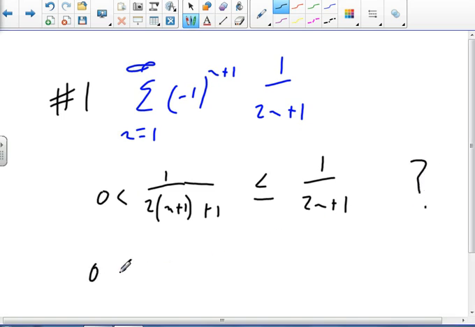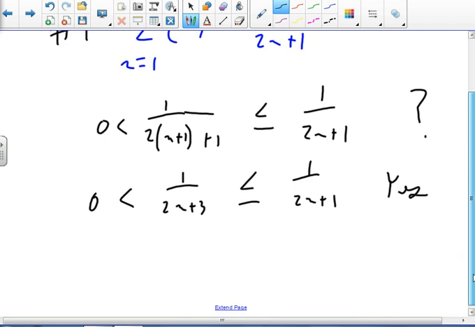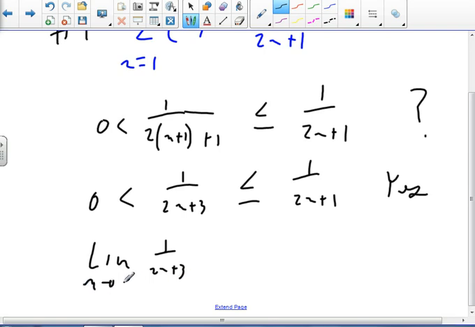Is this guy, 1 over 2n+3, less than or equal to 1 over 2n+1? And the answer is yes, that is true. Does the limit of 1 over 2n+3 as n goes to infinity, is that 0?